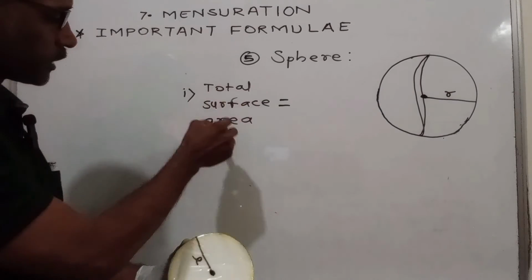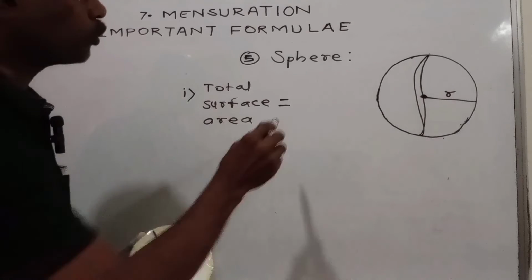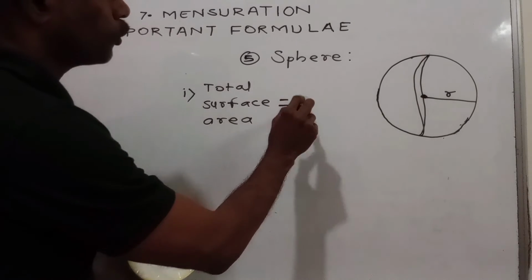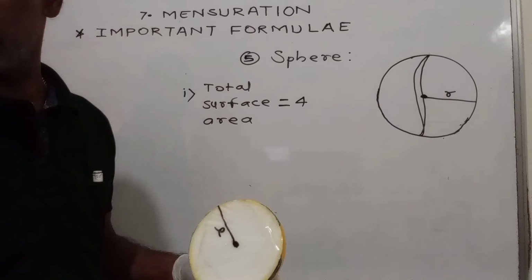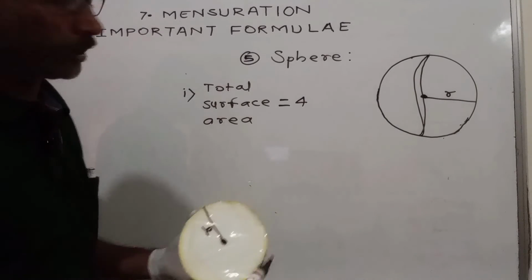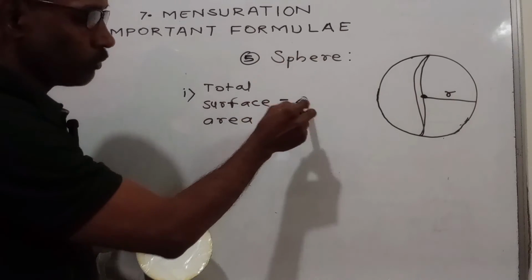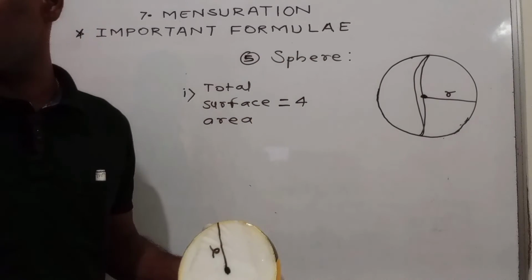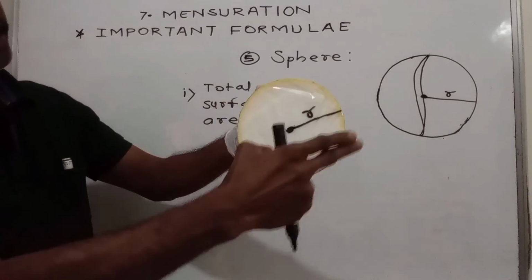Now total surface area of a sphere is equal to 4 into area of circle. Total surface area of sphere is equal to 4 into area of circle. Which circle?